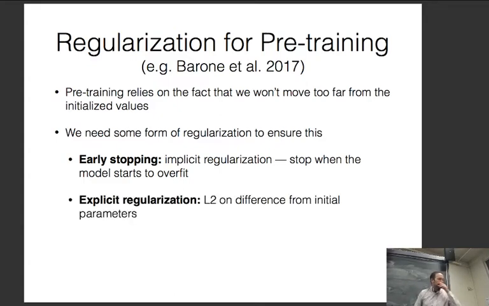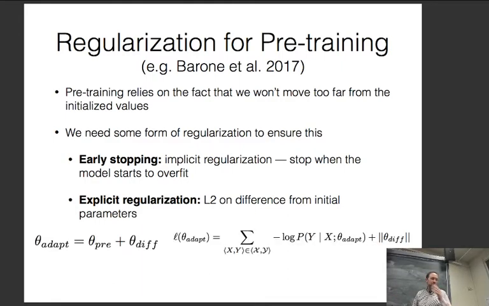You can also do something like explicit regularization. So explicit regularization is you do something like L2 regularization on the difference from the initial parameters. So if we define our adapted parameters as the pre-trained parameters plus this difference from our initial parameters, then we can take our regular log likelihood objective and just add the L2 norm of the difference into our objective function.